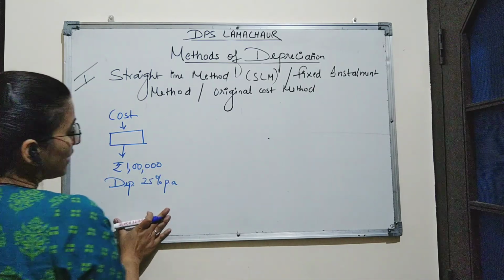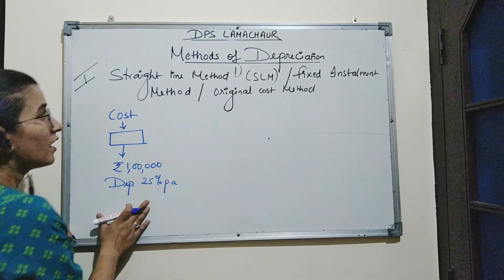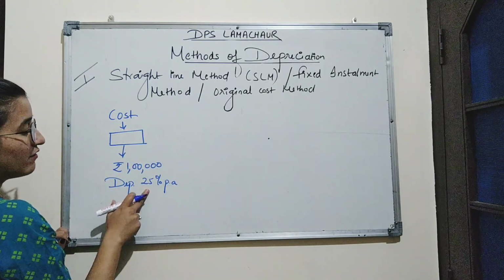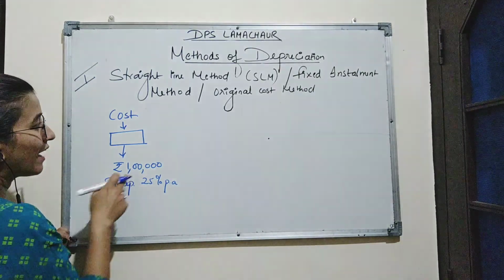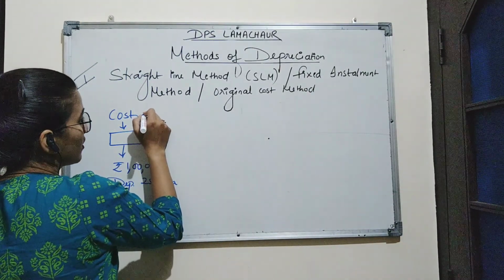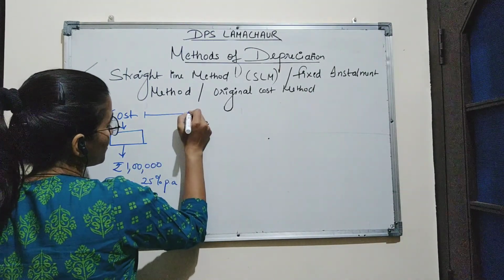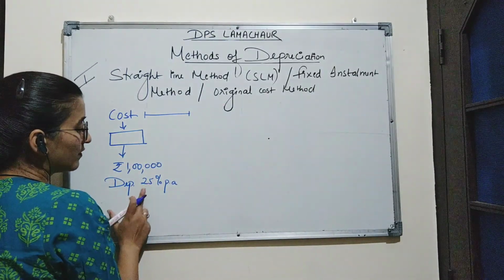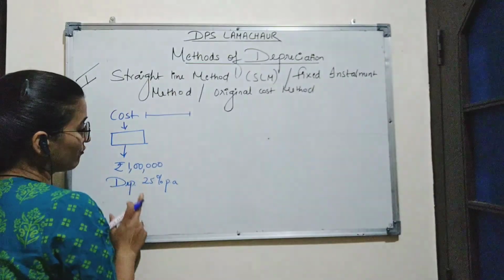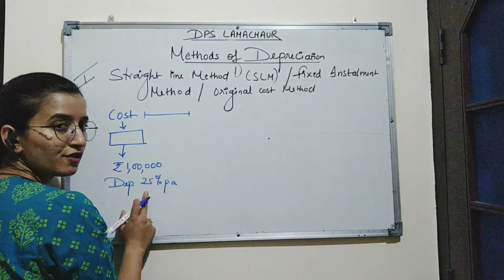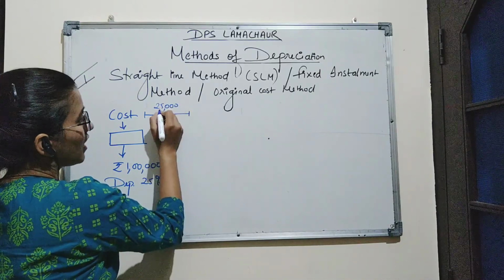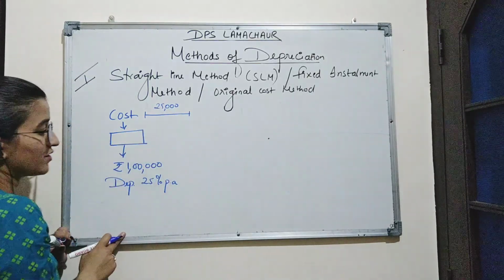Now, to calculate depreciation amount according to the straight line method, we will calculate 25% of 1 lakh on the first year. So let's suppose this is the first year. Here, while calculating the depreciation amount, we will calculate 25% of 1 lakh. So 25% of 1 lakh is 25,000. This is the amount of depreciation.